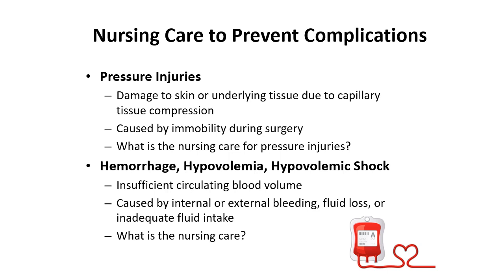So patients, of course, are having surgery, and during that we're looking at the blood loss. That can be caused by either internal or external bleeding, fluid loss, or inadequate fluid intake, leading to hemorrhage or hypovolemic shock. We can't prevent anything that's happening during the surgery, but our nursing care is to monitor that.